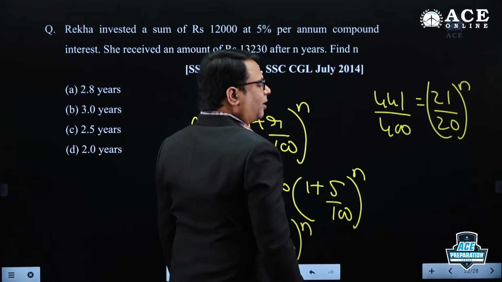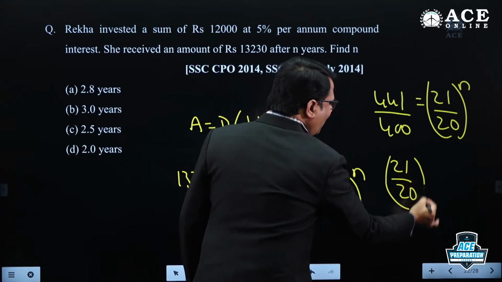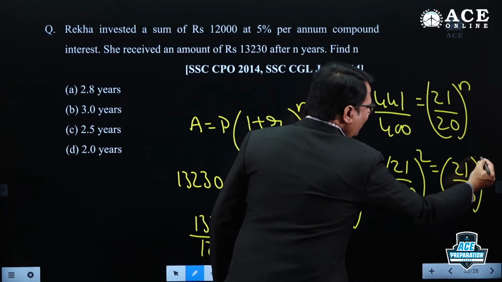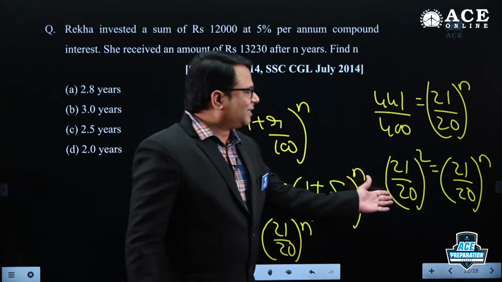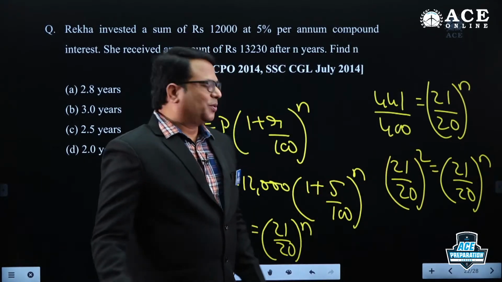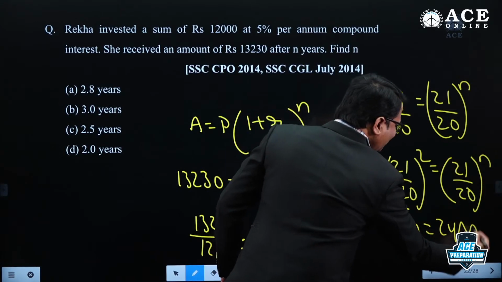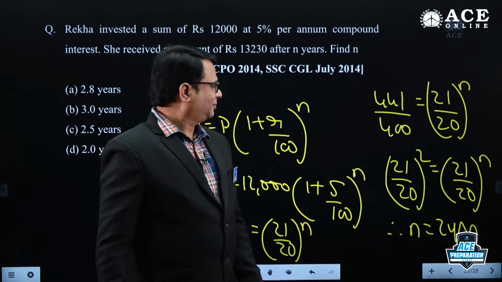Now 441 by 400 can be written as 21 by 20 whole square equal to 21 by 20 whole power n. Now, you can easily say the left hand side is equal to the right hand side. So, you can easily say n equal to 2 years. Okay? Right?